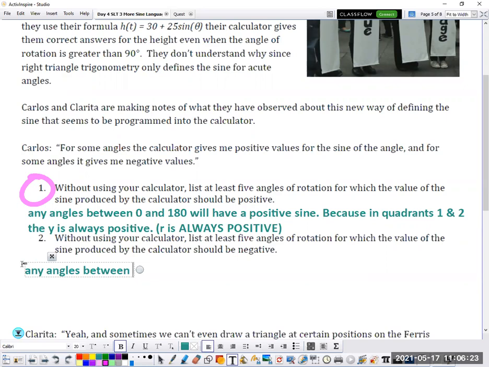So Avery, in what quadrants is sine negative? In 3 and 4. Hey, Marco, will you read what you typed to me? Any angles between 180 and 360 will have a negative sine due to quadrants 3 and 4 having y equals negative.